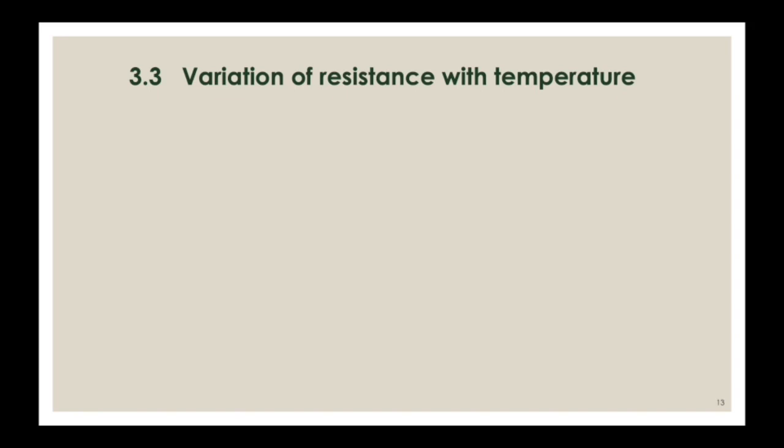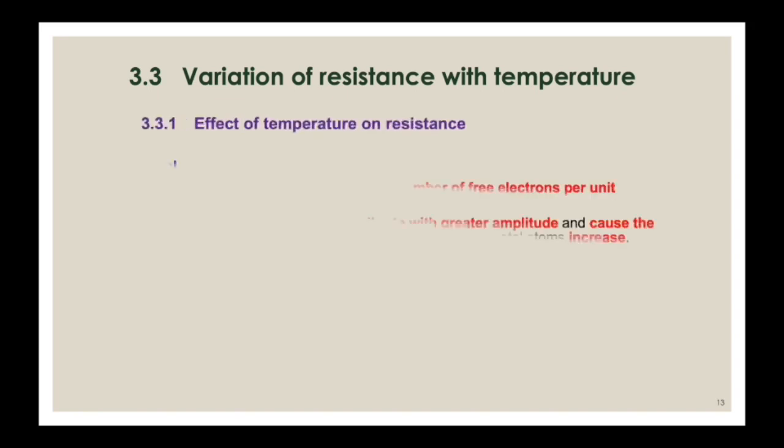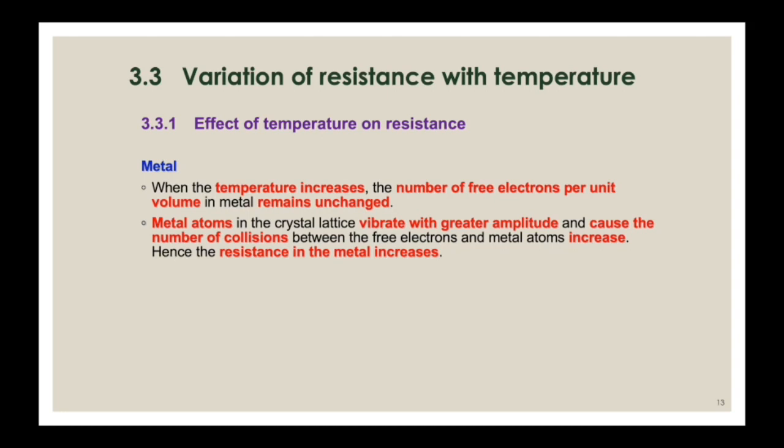And then 3.3, the variation of resistance with temperature. Now we have two things that we need to consider. The first one is metal. When the temperature of the metal increases, the number of free electrons per unit volume of metal remains unchanged.